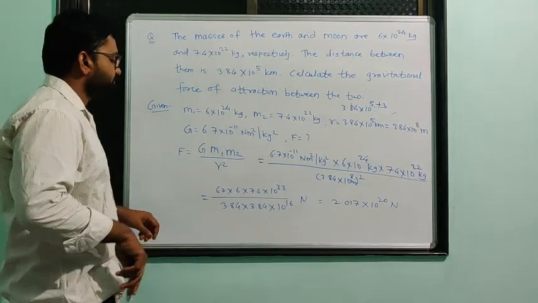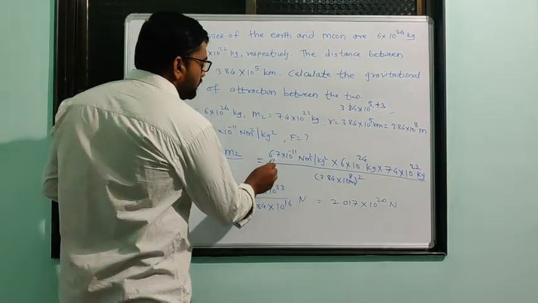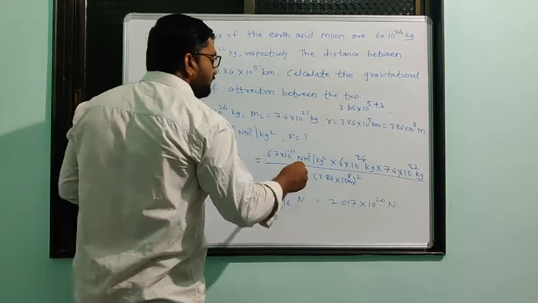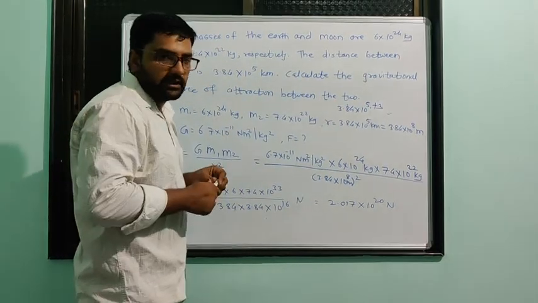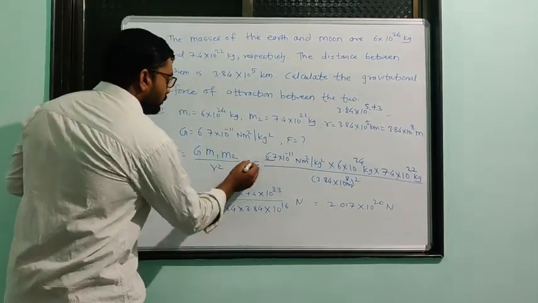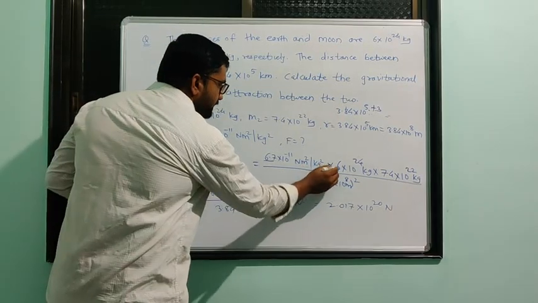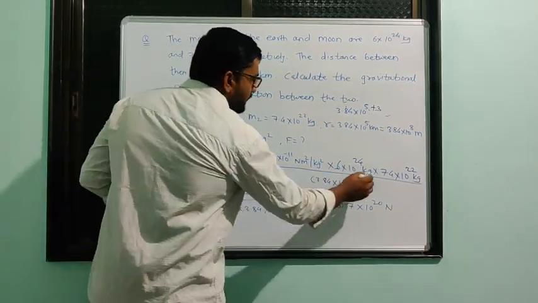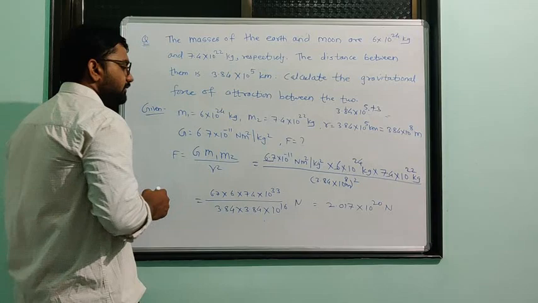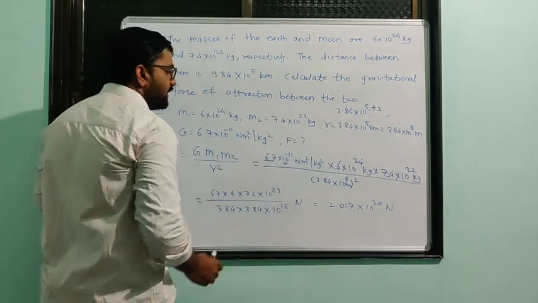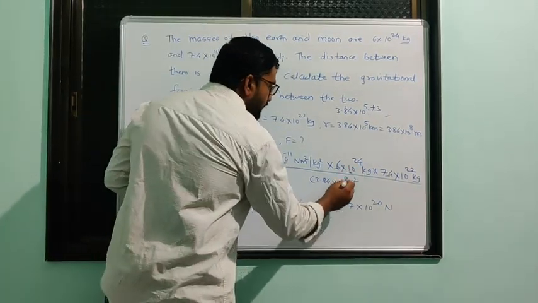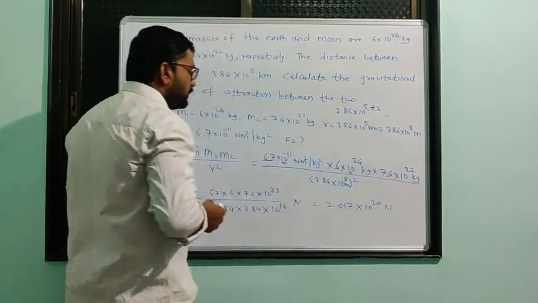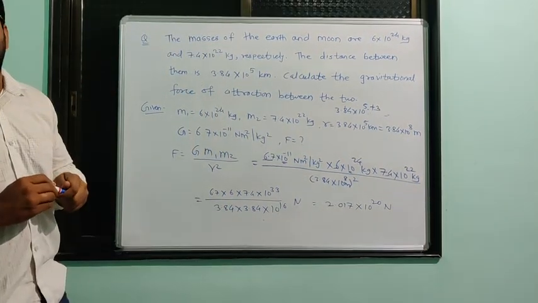So just we have to write all the numbers here, then we have to add all powers together. First of all this 6.7 we write here, then this 6 we write here, and this 7.4 we write here. Then this 10 raised to minus 11, 10 raised to 24, and 10 raised to 22 we have to add together.